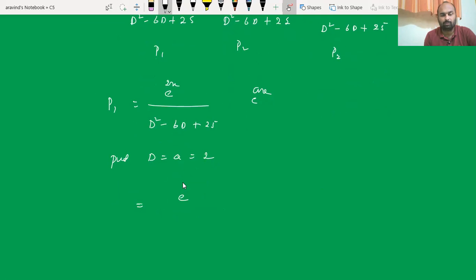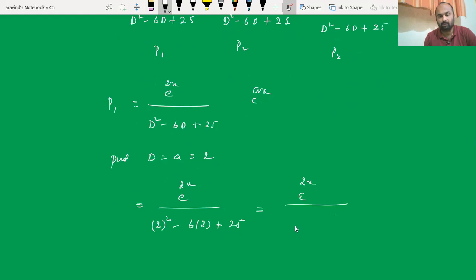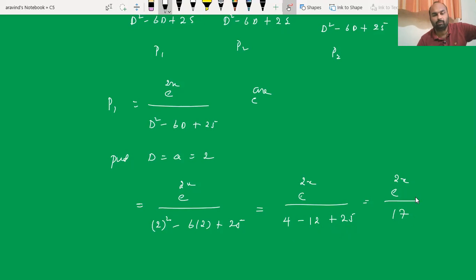So it becomes e to the power of 2x divided by 2 square minus 6 into 2 plus 25, which is e to the power of 2x divided by 4 minus 12 plus 25. 25 minus 12 will be 13, and 13 plus 4 is 17. So we got the first one.